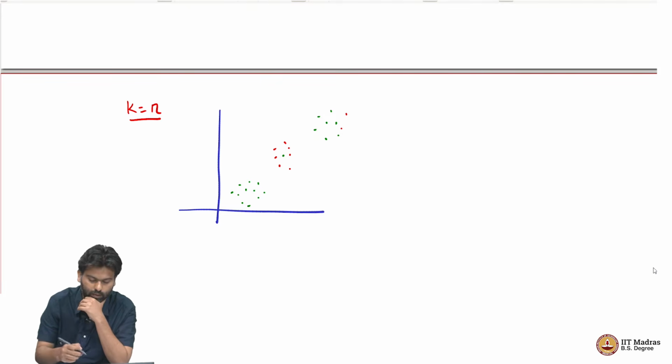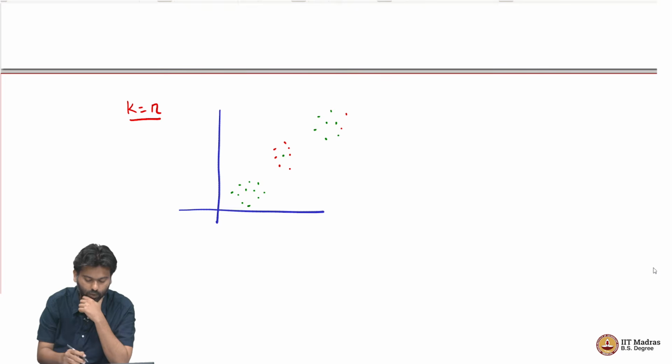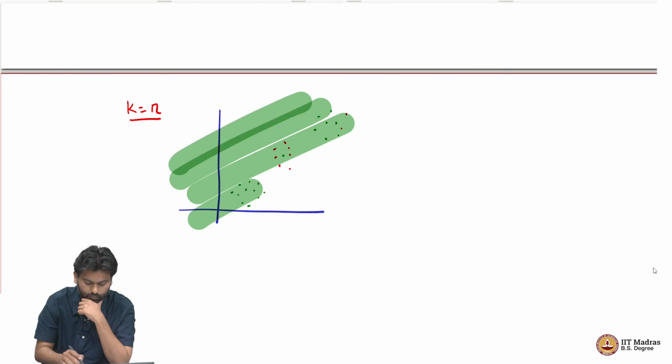So, the decision boundary in this case is simply, if there are more greens than reds, and here there are 2 regions of greens and 1 region of red, then this decision boundary would simply be green everywhere.